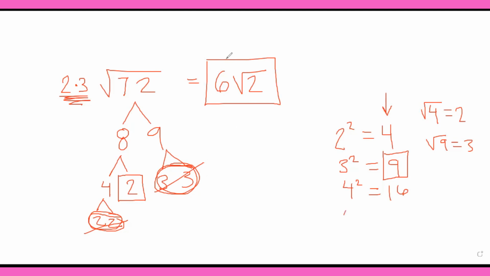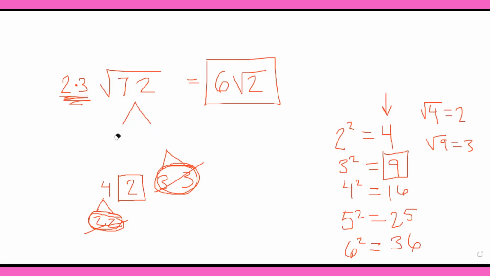We could go a step further, and if we go higher up and recognize these higher squares, so 5 squared is 25, 6 squared is 36. These would be good to memorize, all of your perfect squares up to 12. Those are all really good ones to have in your memory.